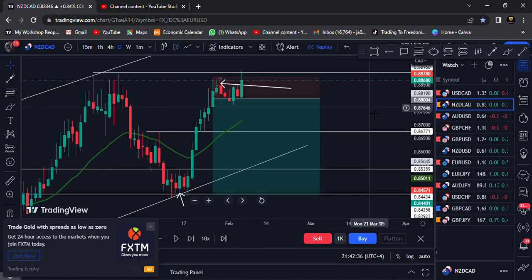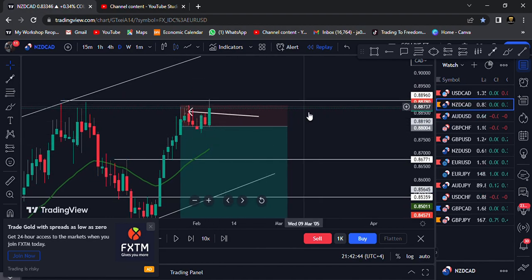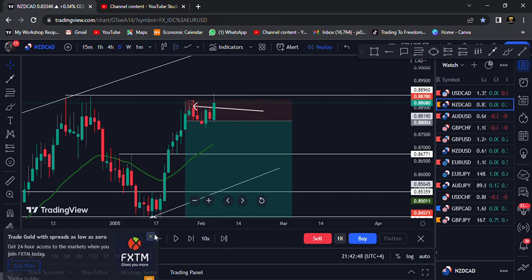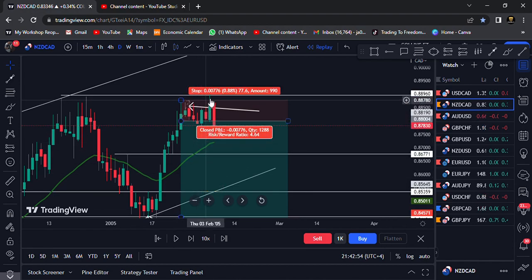So if we go to the weekly, we'll see this is a very strong buy signal. So we could still continue, but let's see what I was saying guys. So this was here just to clear the stop losses completely.